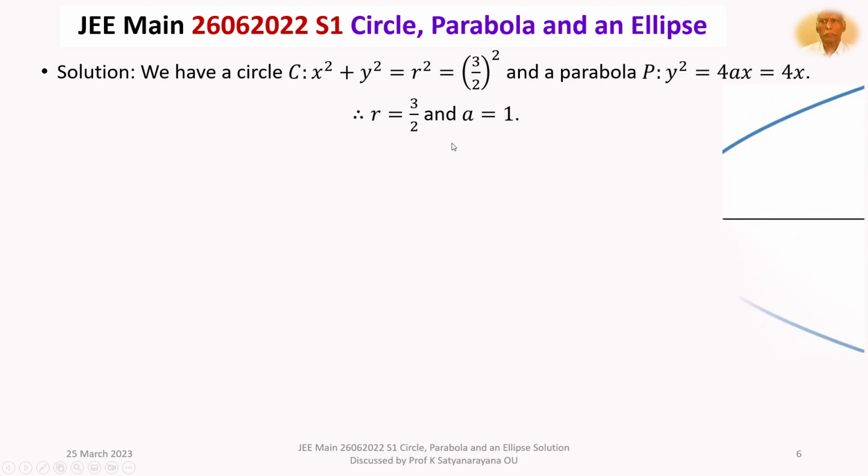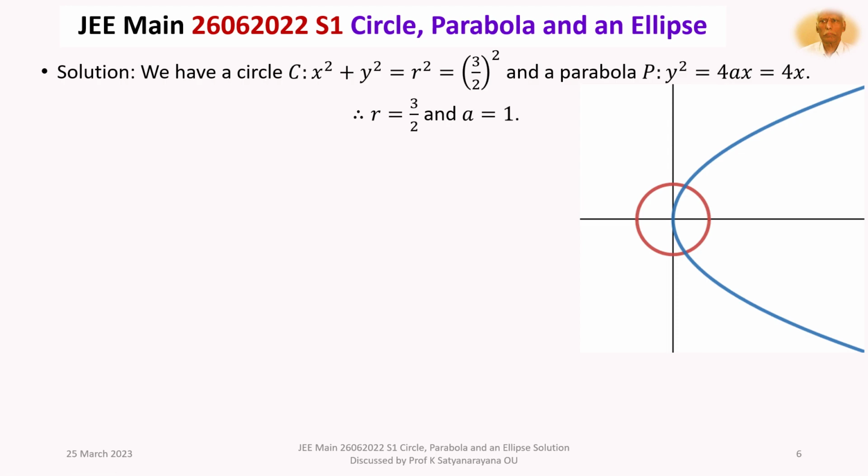Now, we have the circle x² + y² = (3/2)², a circle centered at the origin with radius 3/2, and a parabola y² = 4x opening rightwards, for which a is 1.